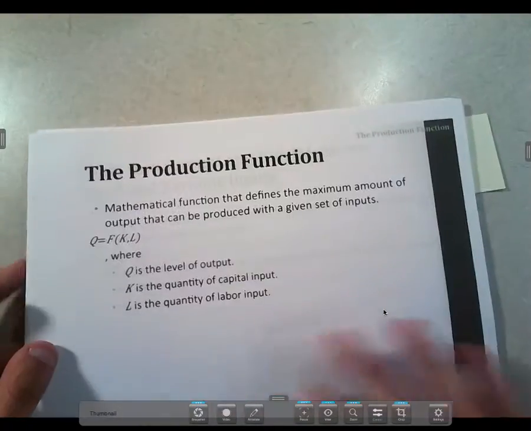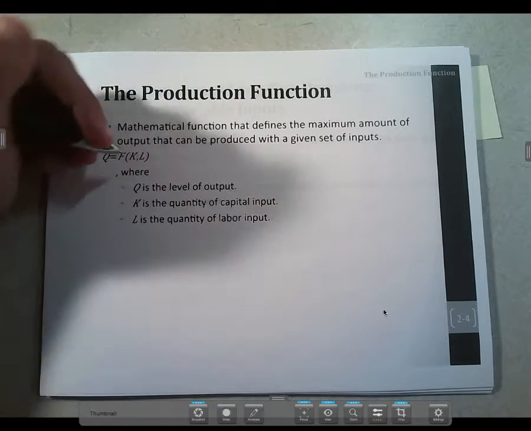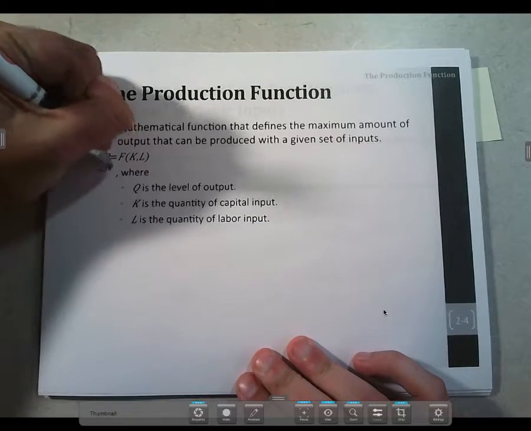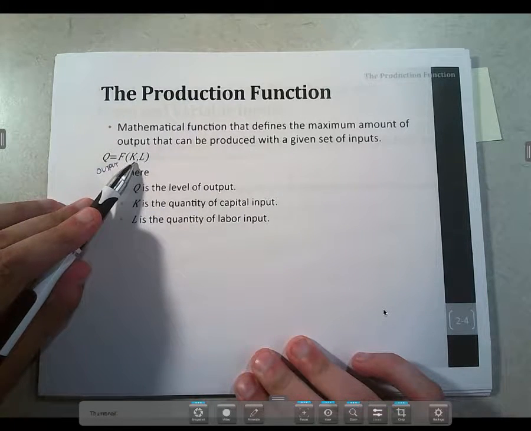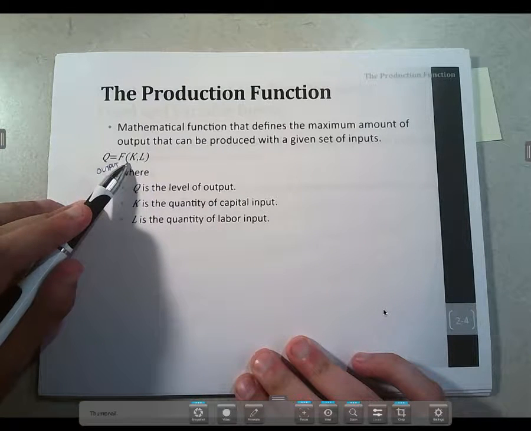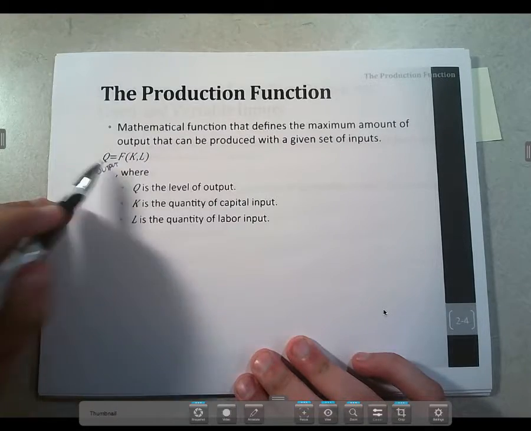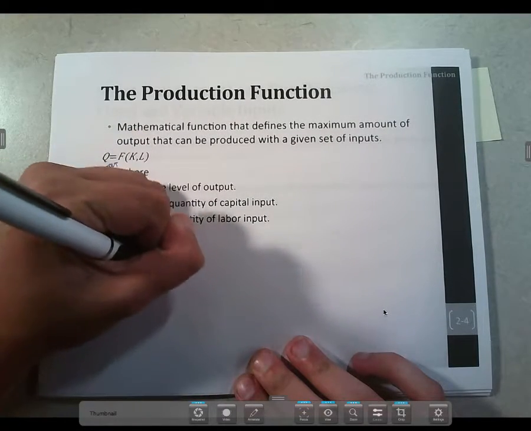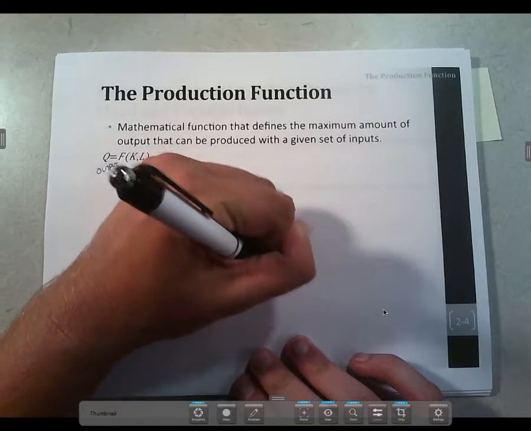So we start out our discussion with the production function, that the output levels are a function of the amount of capital and the amount of labor. So with these two inputs, they're combined in such a way to produce the outputs. Outputs are a function of the inputs.